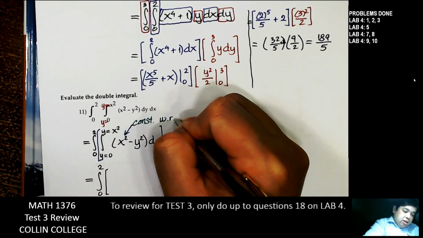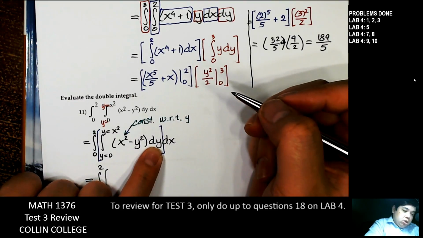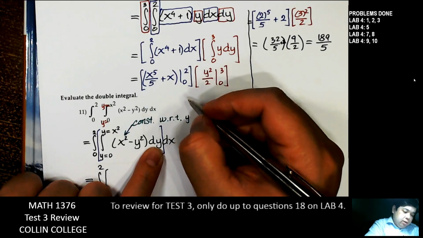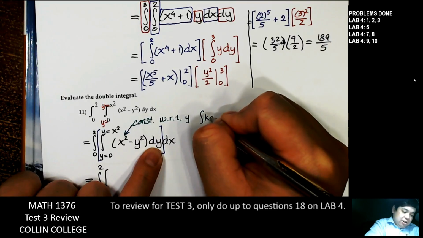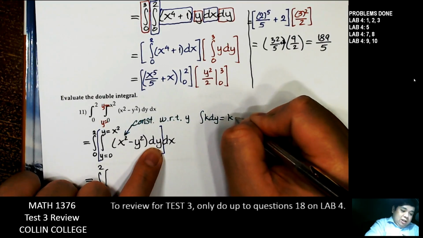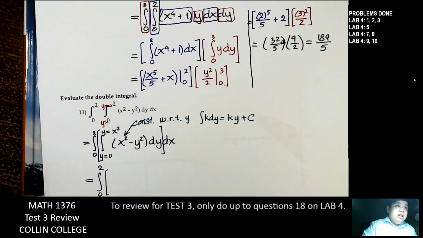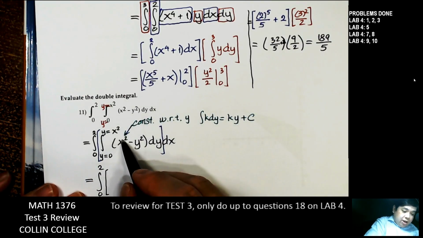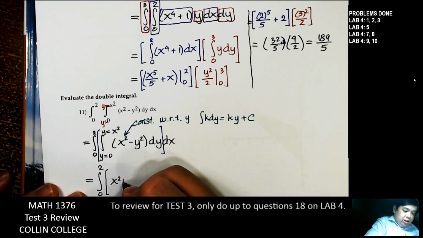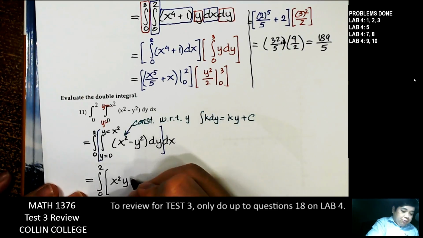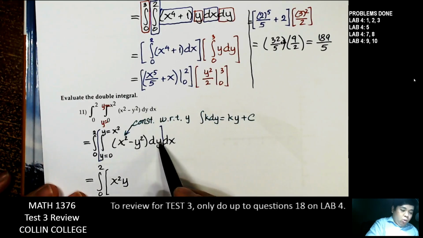The integral of a constant is just that constant times y plus c. So the constant here is x squared, and we're going to have y next to it, a constant times y.